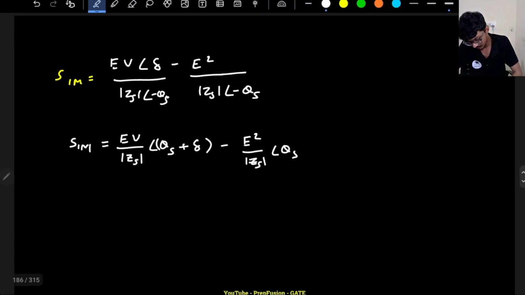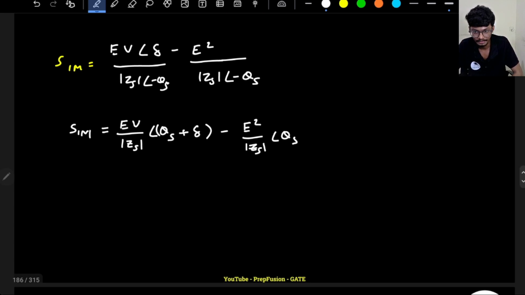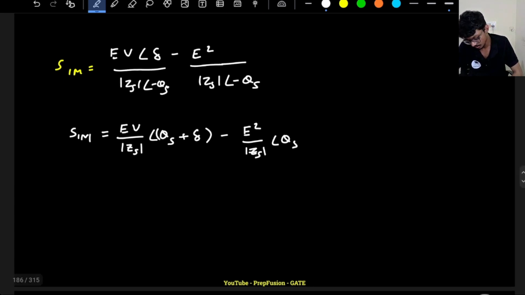This will be the expression for the apparent power. So what will be the active power? I want to understand what the active power is.